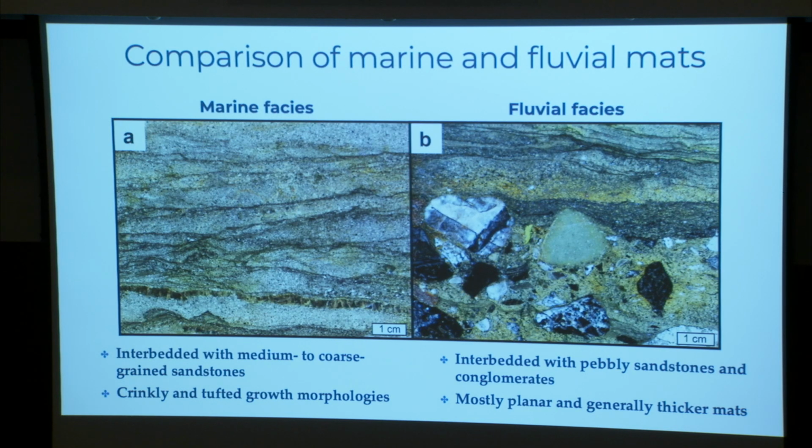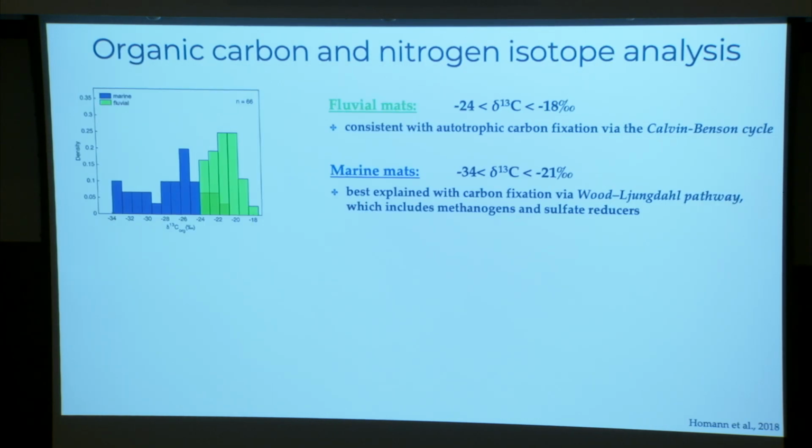Another thing I've not really mentioned before is that we find these mats in the Moodys Group in two distinct paleoenvironments. One is a coastal nearshore marine facies, and the other facies we interpret as fluvial in origin. Depending on the environment in which these mats are thriving, in the fluvial settings they are thicker, because probably the current velocities were stronger. We can compare these mats visually, but we can also use organic carbon isotope analysis and compare the organic matter preserved in the fluvial mats with that in the marine mats, and they show distinct differences.